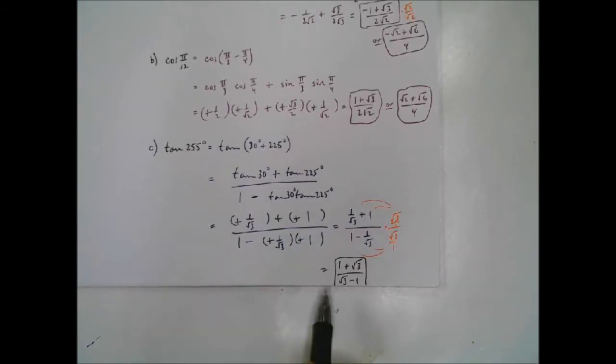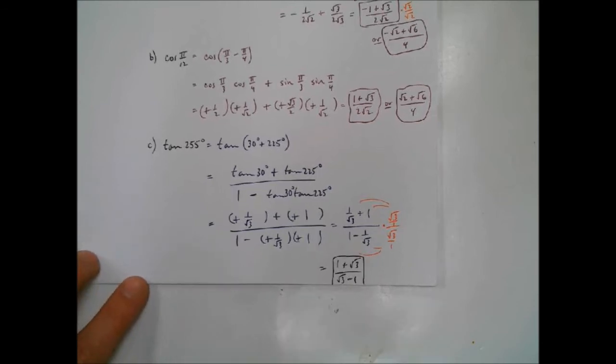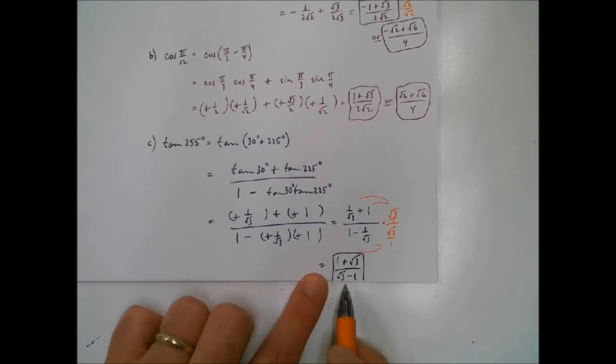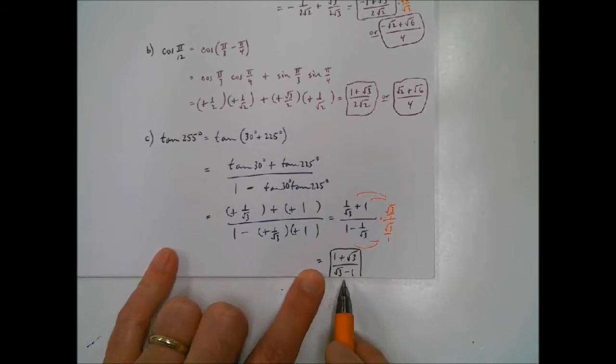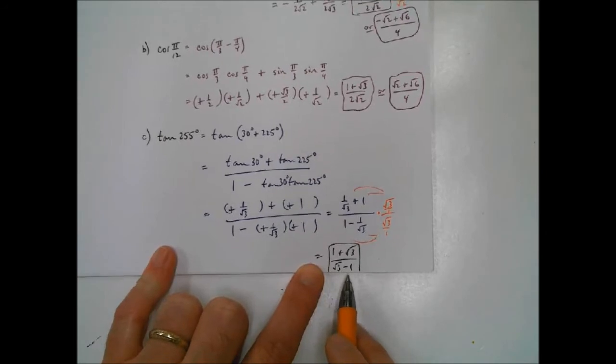And so yes, we could potentially leave the answer like that. However, again, if we're trying to match things up to multiple choice, sometimes they might rationalize the denominator. So let's remind ourselves how to rationalize something like that. When you have something like root 3 minus 1 in the denominator, you can't simply multiply top and bottom by root 3.